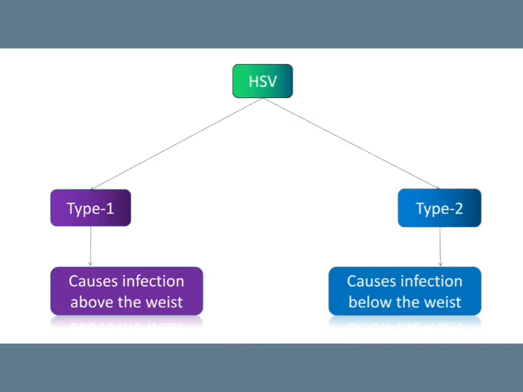The herpes simplex virus is of two types: HSV1 and HSV2. Type 1 HSV causes infection above the waist, which includes the face, eyes, lips, and neck, and HSV2 causes infection below the waist, that is the genital area.